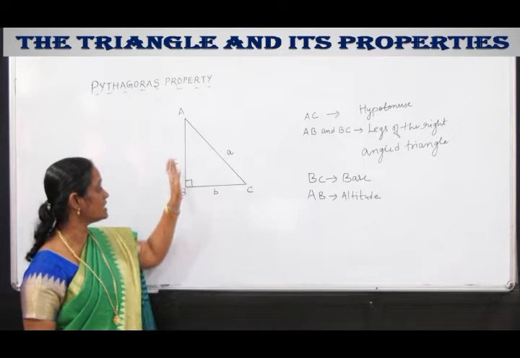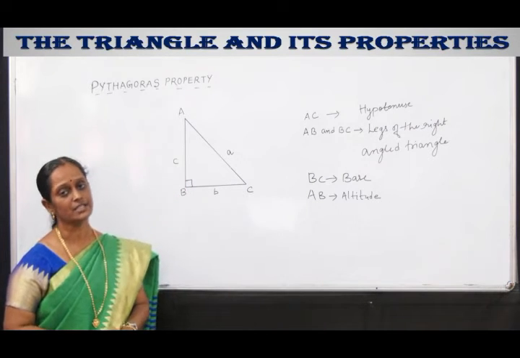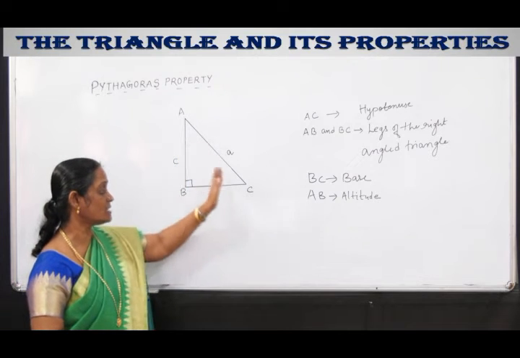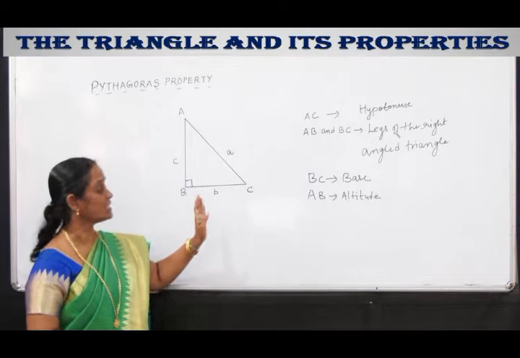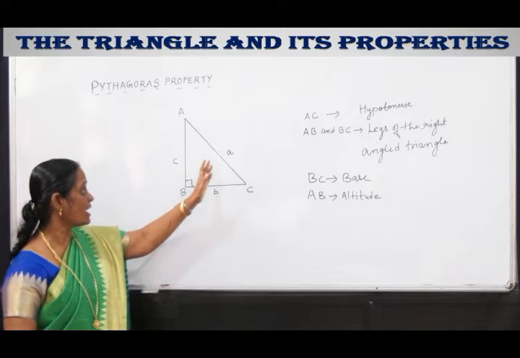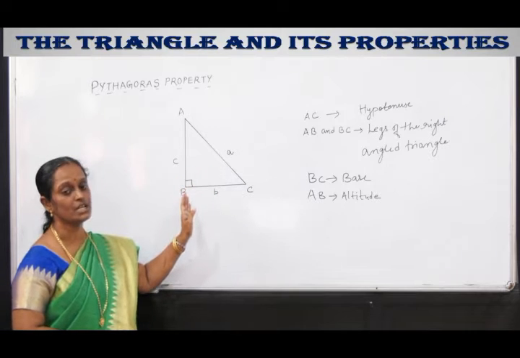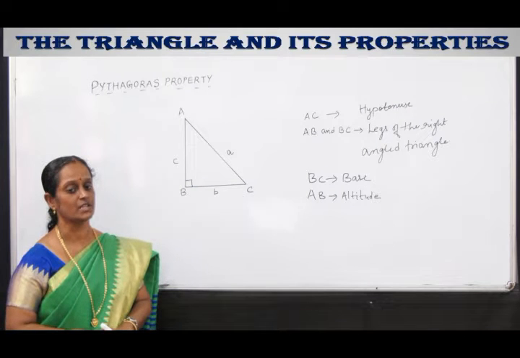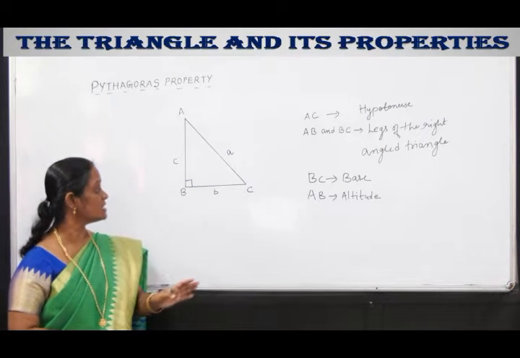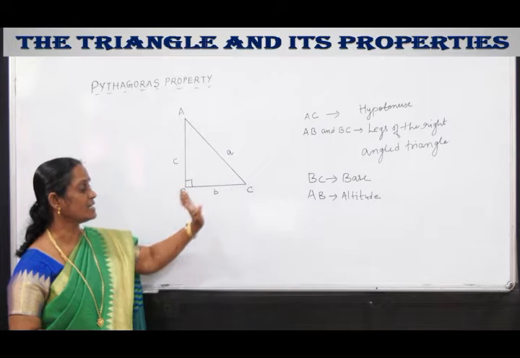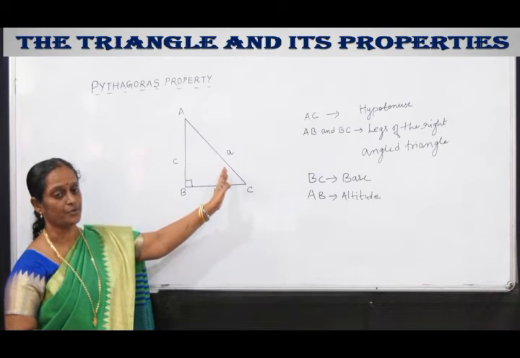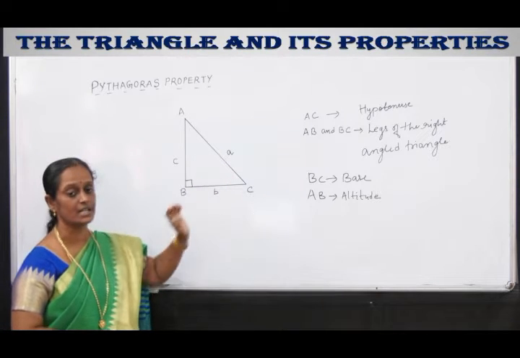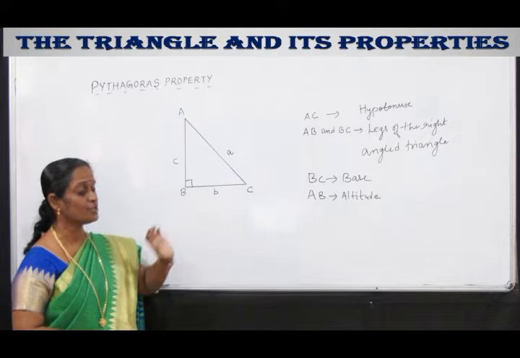Or we can say that AB and BC are the legs of the triangle and AC is the hypotenuse of the right angle triangle ABC. So hypotenuse is the side opposite to the right angle and the other two sides are known as the legs of the right angle triangle. Students, here the longest side in a right angle triangle is the hypotenuse. सबसे जो longest side होता है right angle triangle का वो hypotenuse होता है.